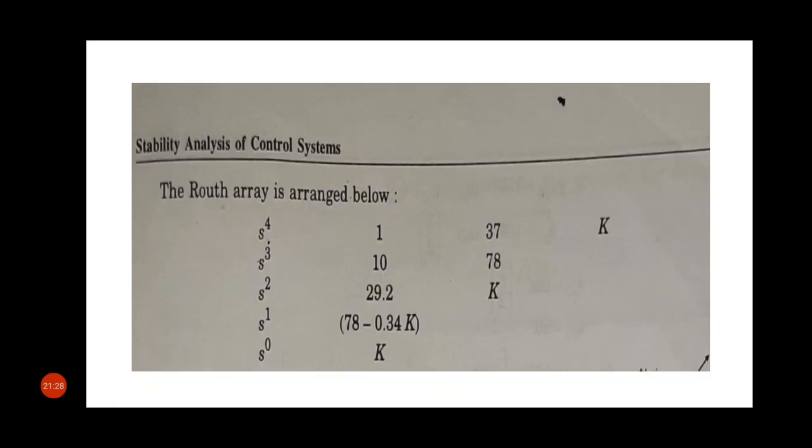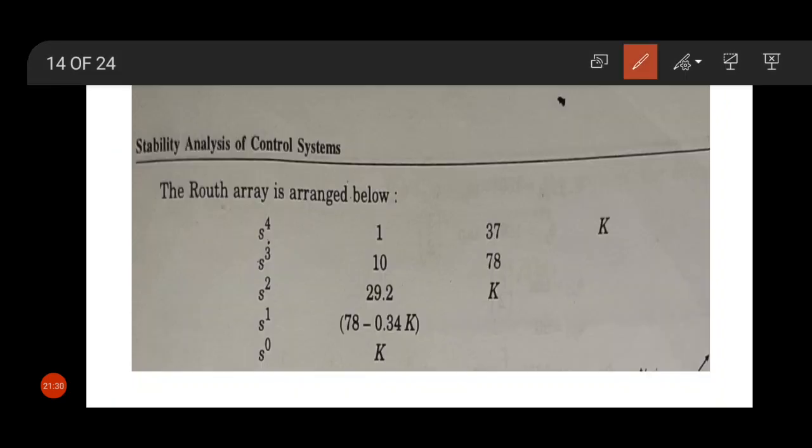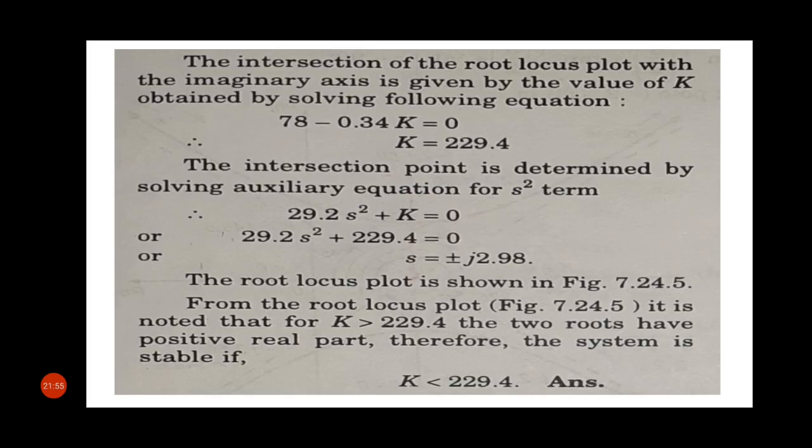We consider this, that's why the auxiliary equation is its above row. So the auxiliary equation for the s square term is 29.2 s square plus k equal to 0, and here we put the value of k equal to 229.4.